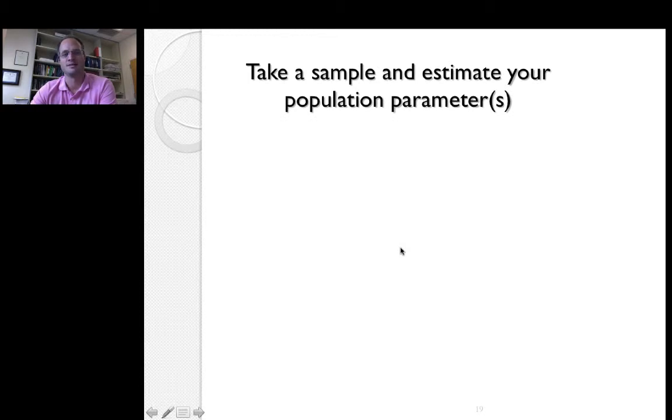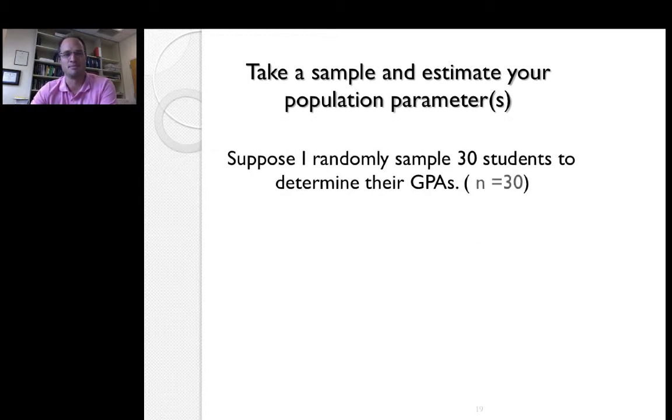I'm going to take a sample and estimate population parameters. So suppose I randomly sampled 30 students, okay? And the question of why at least 30: when you don't have information about the shape of the population data, then 30 is just sufficient to appeal to the central limit theorem.